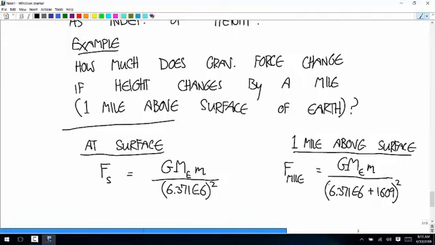So for all you guys who run the mile, a true mile is 1609.344 meters. So you run 1,600 meters, so you're 9.344 meters short.